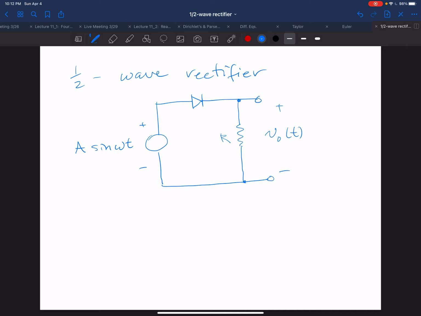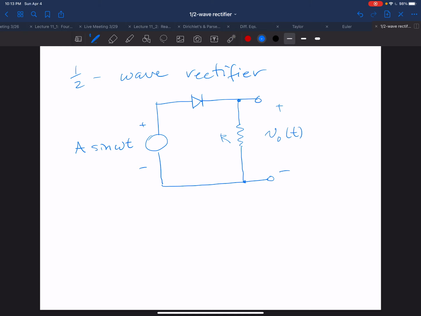Because this diode only lets current flow through it from left to right, it's only when this alternating voltage has, if you like, positive polarity and is applying a positive voltage between this terminal and this terminal, that it will allow current to flow and will therefore produce a non-zero output voltage.